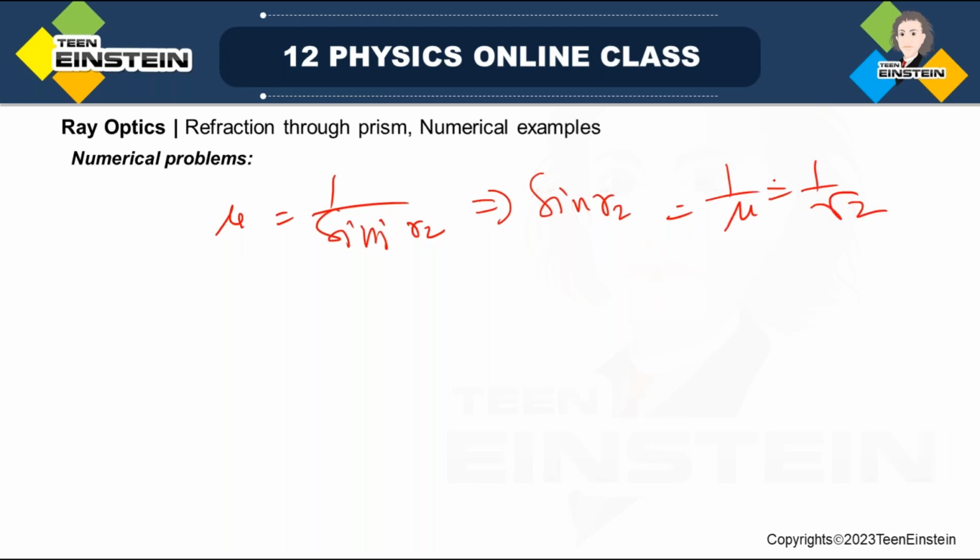This is the value for this mu. So from here we can easily get that R2 is equal to 45 degrees. Sine R2 is equal to 1 by root 2, so R2 is 45 degrees.